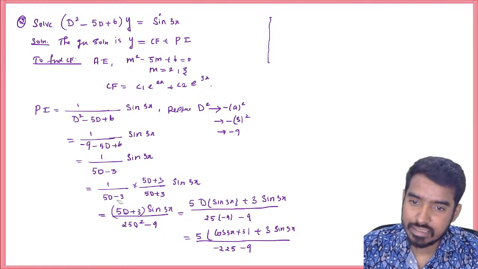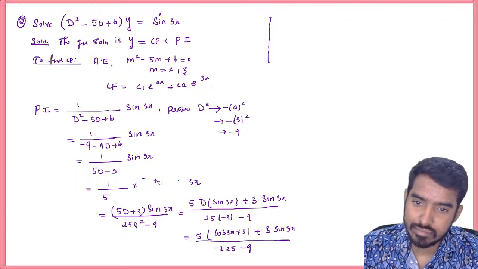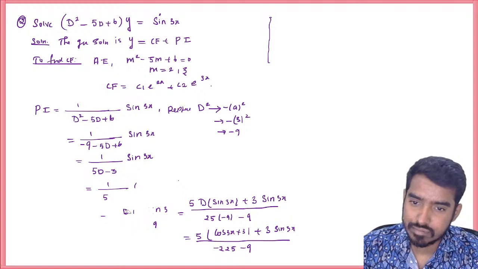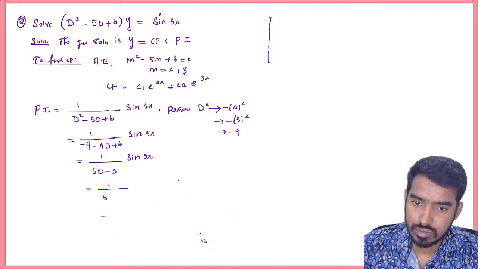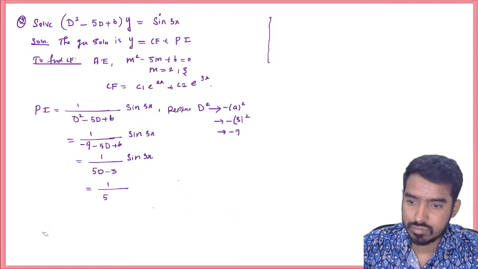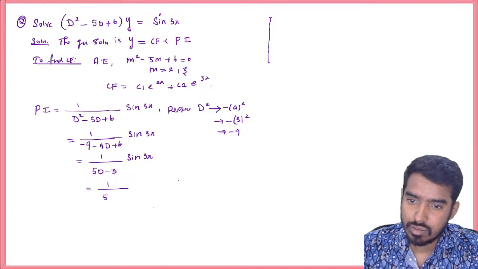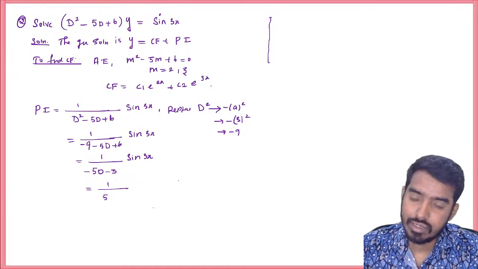So it will be minus, minus 5D minus 3, right?